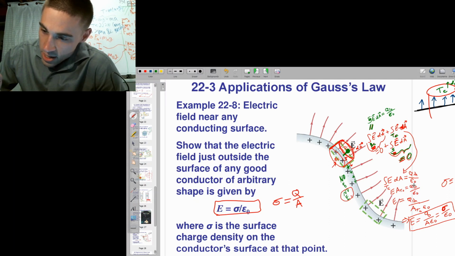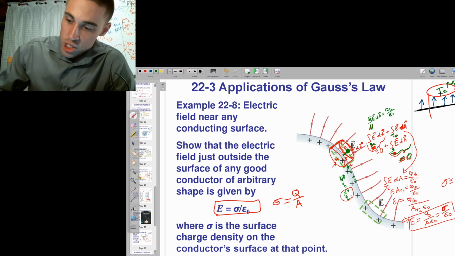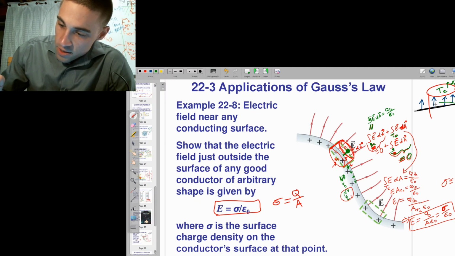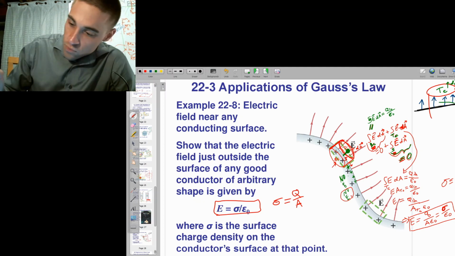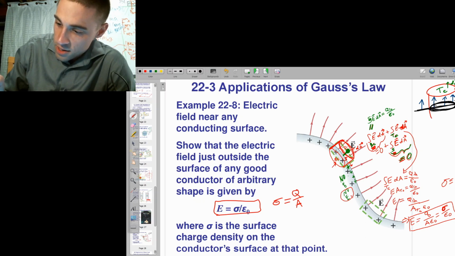And Q in here is the charge enclosed by this portion here, where the cylinder intersects with the conductive surface, right? All of the charge in here is included on the right-hand side in Q in, and the area here is exactly the same as the A TC, the area of the top cap up here.